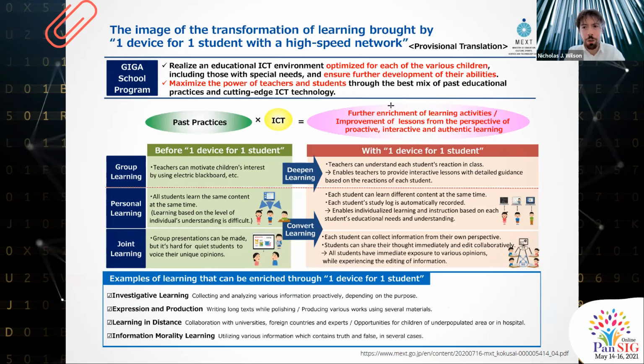In my situation, we have been using Chromebooks. In the past you had the computer room. Now instead, students can use computers or tablets the same way they use textbooks. So they don't have to move to a different classroom. They can just do everything there.